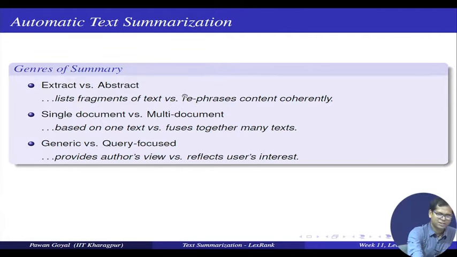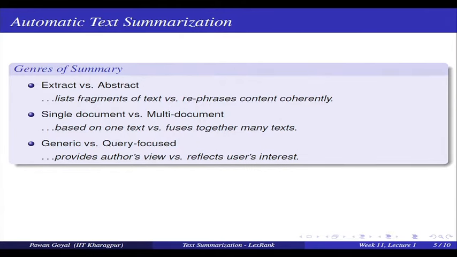So you are extracting some segments. But in abstractive summary, you also take important information and rewrite it in your own words, and you merge different sentences, fuse them together, and so on. So in extractive summary, you are listing fragments of text. On the other hand, in abstractive summary, you are taking content and rephrasing it so that it becomes much more readable. When you write a summary, you are probably doing it in an abstractive manner.